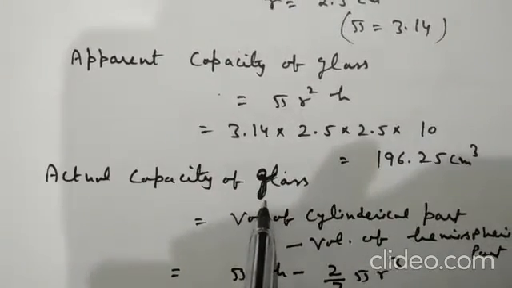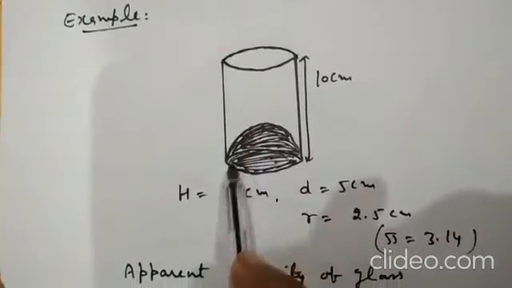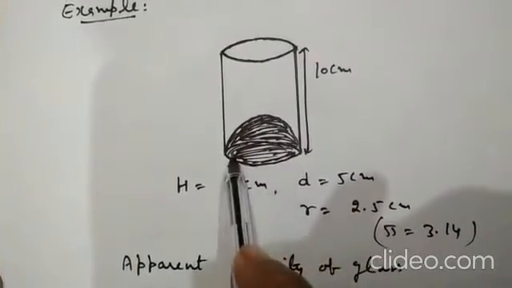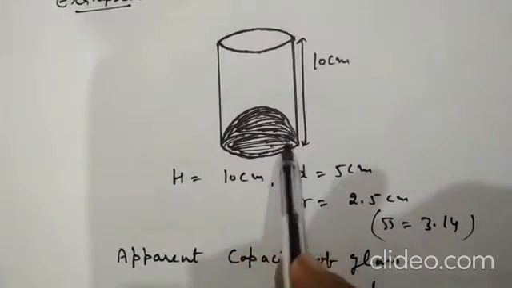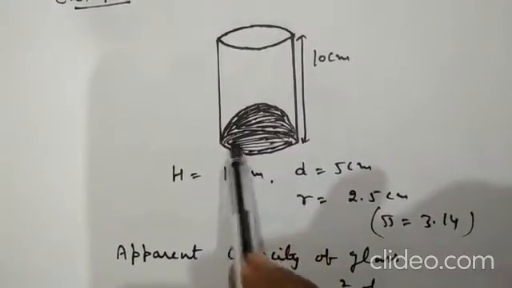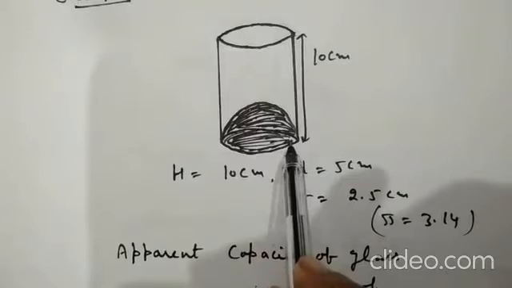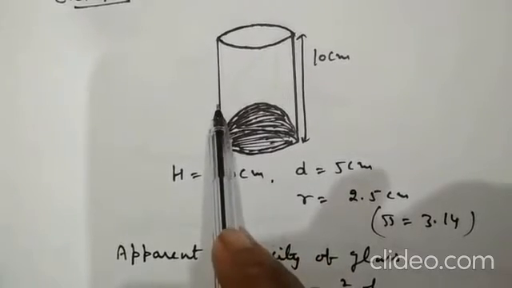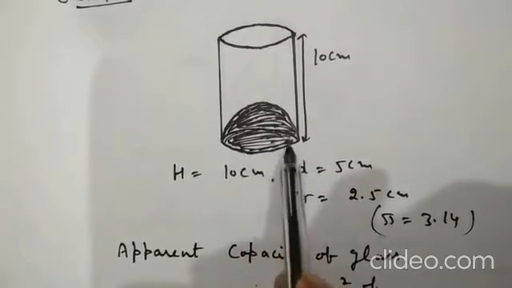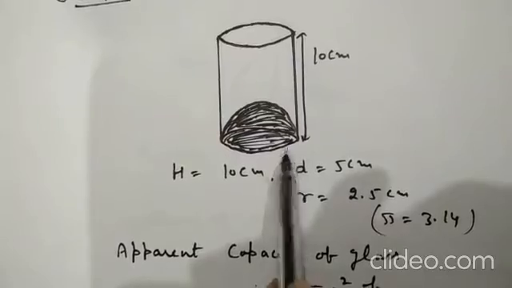Actually the glass is not totally filled because this portion is raised in hemispherical part. So there is no juice in this part. What will be the actual capacity? That is volume of cylindrical part minus volume of hemispherical part.